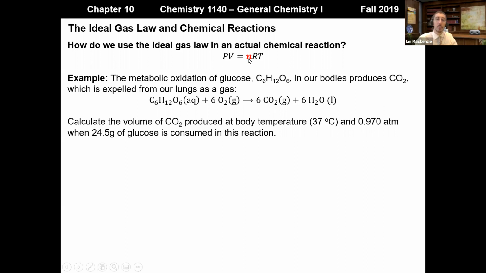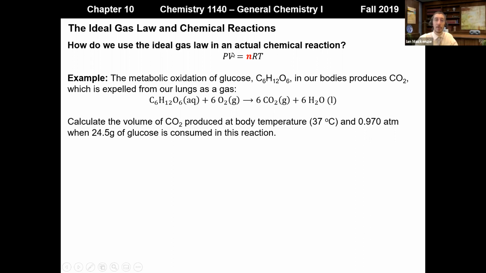What we need to do is find the number of moles of CO2 using standard stoichiometric calculations, right? We're given a mass of glucose, and the other values that we're given are variables that relate to the ideal gas law. So temperature, pressure, those were given.